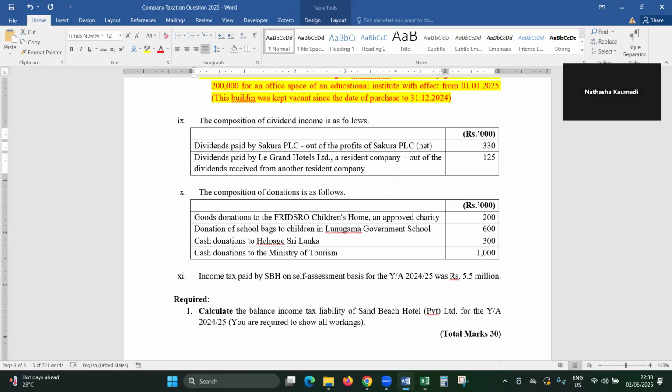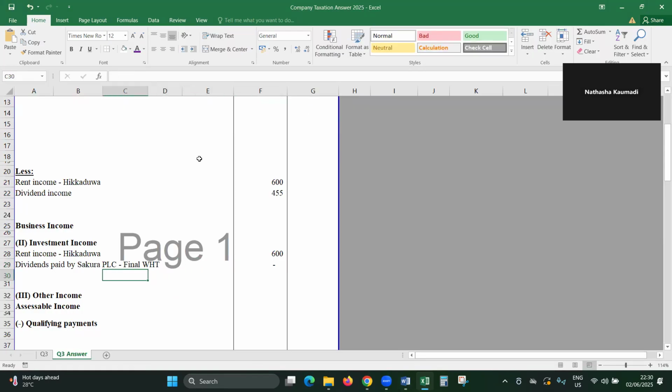Second one, dividends paid by Legrand from dividends received from another resident company. So the dividend paid by Legrand is from another company. In that case, you have learned that when a resident company is paying dividends from dividends received from another company, that is exempt.